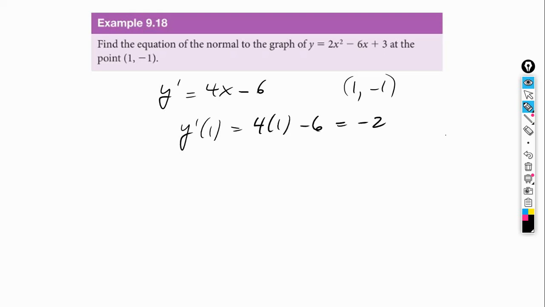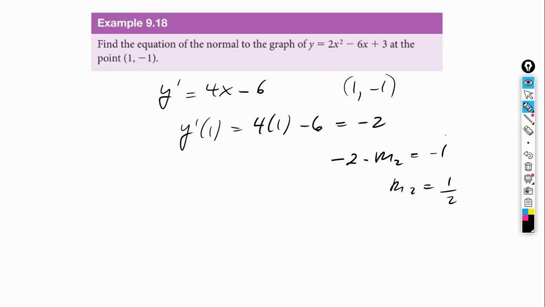But this is the slope of the tangent, and we need the slope of the normal. So all we have to do is say, -2 times the slope of the normal is going to equal -1. And solving for m2, we get 1/2. And obviously it is, because -2 times 1/2 is -1. We have all the information we need so that we can write the equation of the normal line.